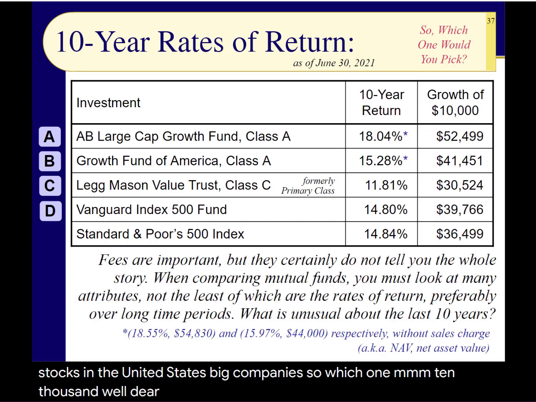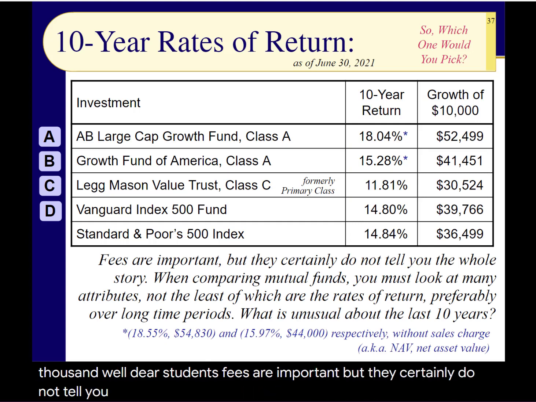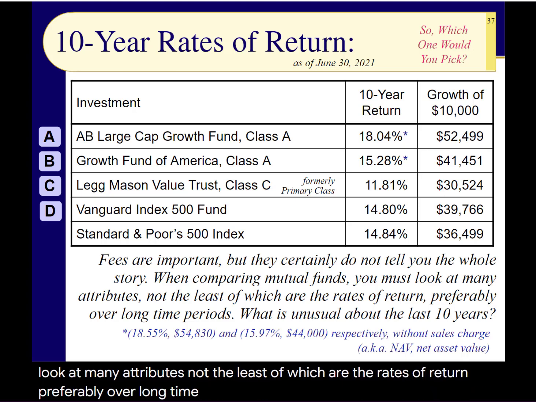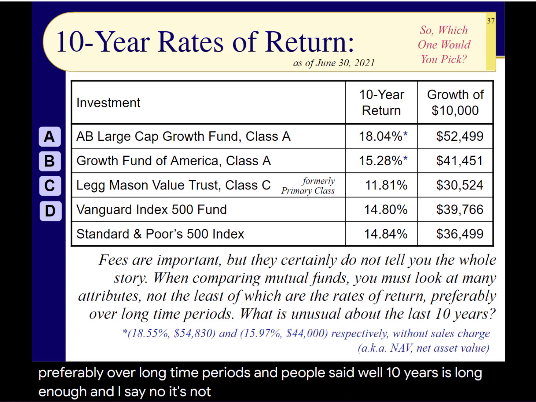Well, dear students, fees are important, but they certainly do not tell you the whole story. When comparing mutual funds, you must look at many attributes, not the least of which are the rates of return, preferably over long time periods. And people say, well, 10 years is long enough. And I say, no, it's not.